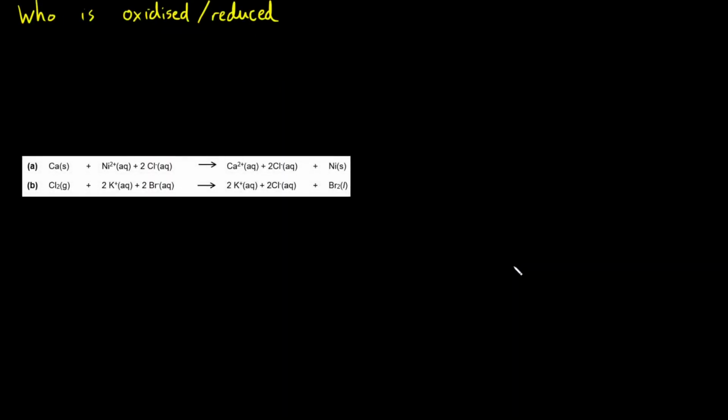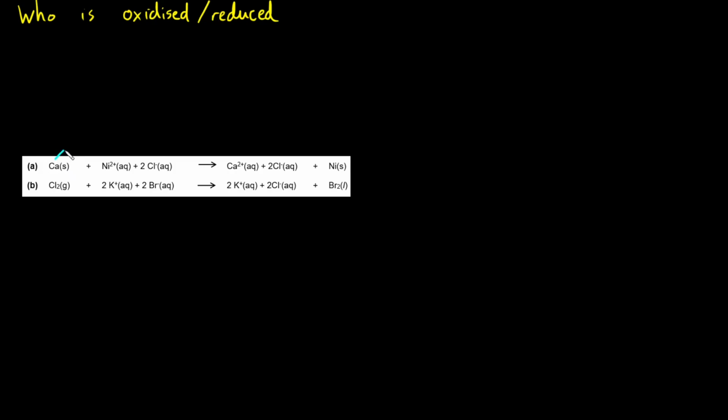And the last couple of examples we're going to have a look at is trying to look at a more complicated example where we have an ionic equation and we've been asked to spot who is being oxidized and who is being reduced. Now I recommend just looking at each individual atom and ion individually and seeing what's happening to them over the course of the reaction.